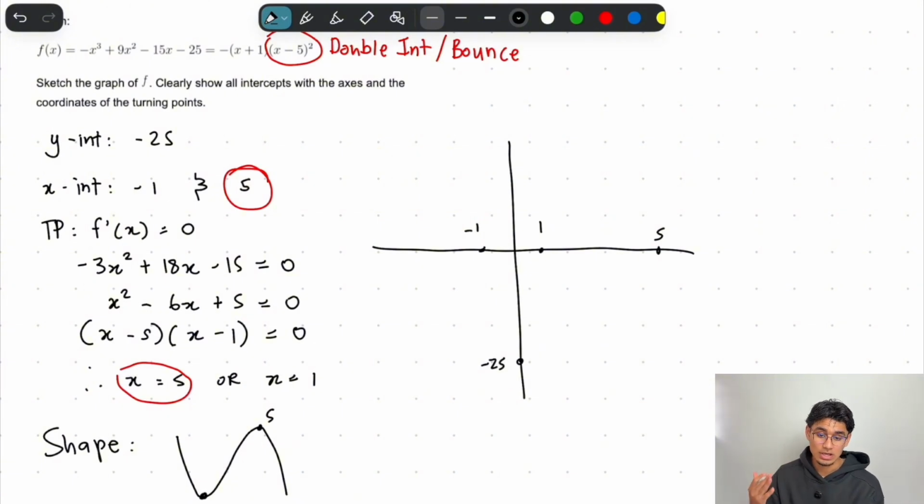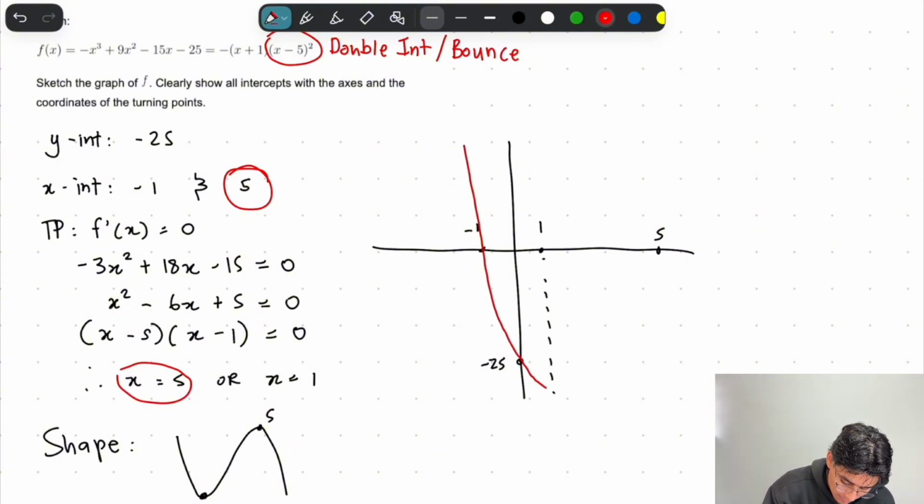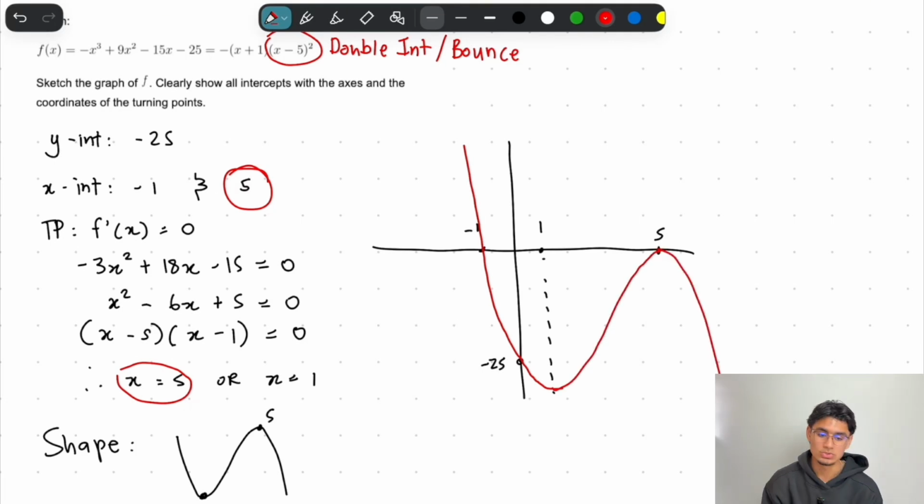Because this is the minimum value, we're going to go down. But in this situation, the max isn't actually going to go up because we know it lies on the x-intercept. So now we just connect the dots: through the -1, through the -25, down to the min, up to the 5, and then we are going to bounce. Okay, and that is basically it.